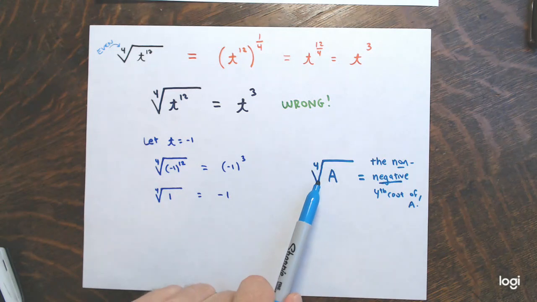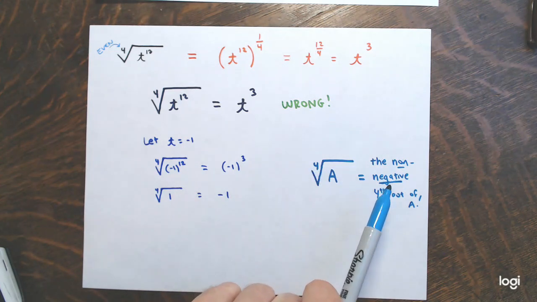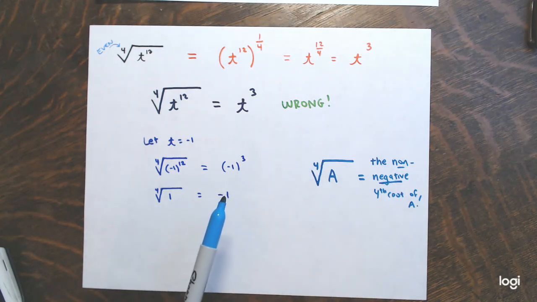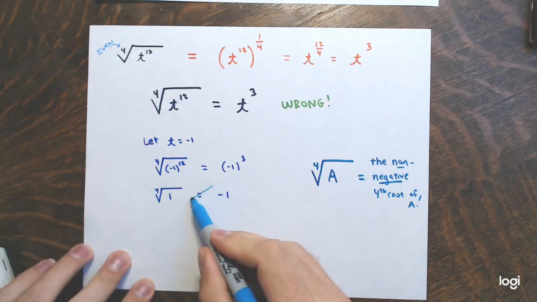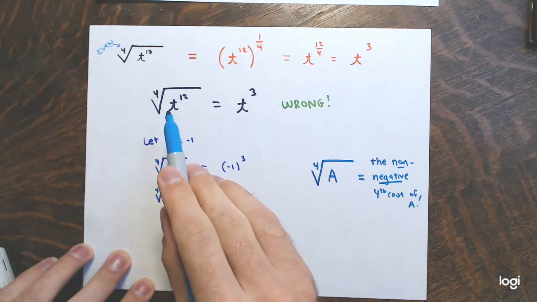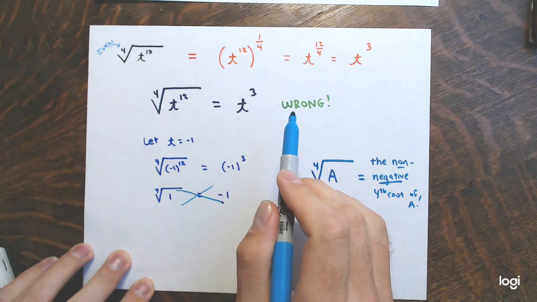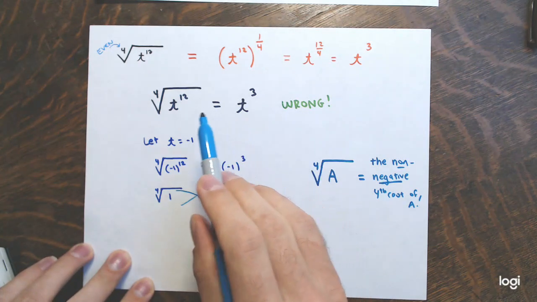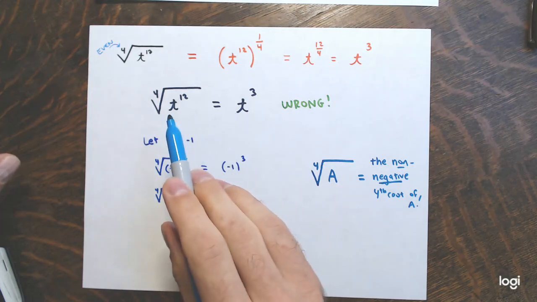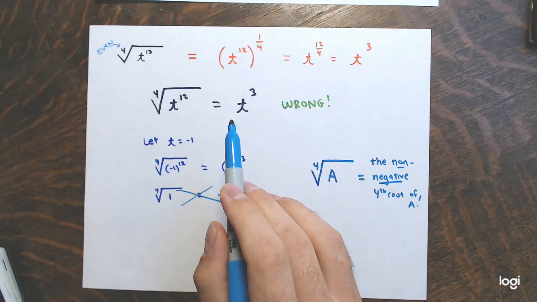Whenever you see the radical symbol with an even index, the result on the other side can't be negative. It has to be non-negative. Well, look at what I'm getting here. The 4th root of 1 equals -1. That's incorrect. So these two expressions I've written here, the 4th root of t to the 12th and t cubed, they're not the same all the time. When you say two expressions are equal, they have to be equal for every value you plug in, every value that's allowed.